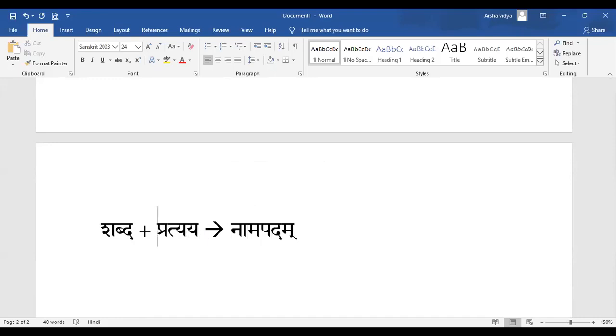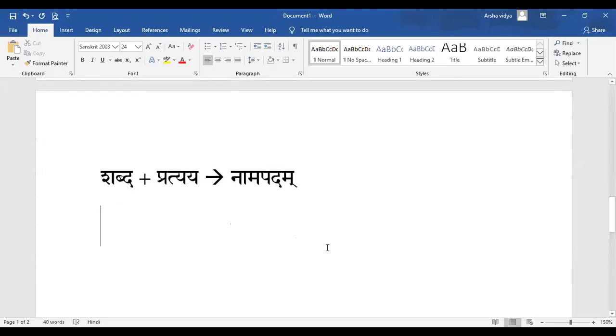Depending on what suffix you add, and remember, many suffixes are there, you get a Namapadam with its prepositional meaning. For example, I am taking the word Rama.